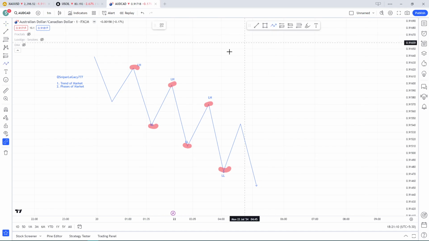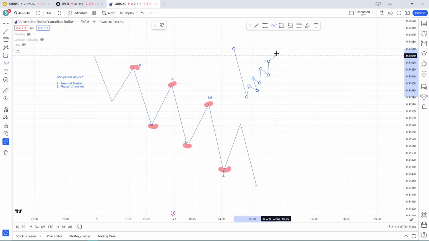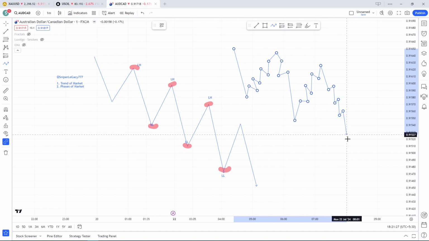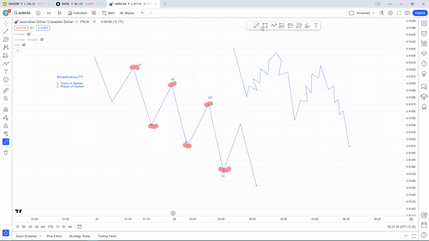But as we already know, this is not how the real market will be. Maybe it will do something like this, it will go up, and while breaking down it will do something like this, and again going up it can go something like this, and then again while breaking down it can do something like this. But how should we look at this?